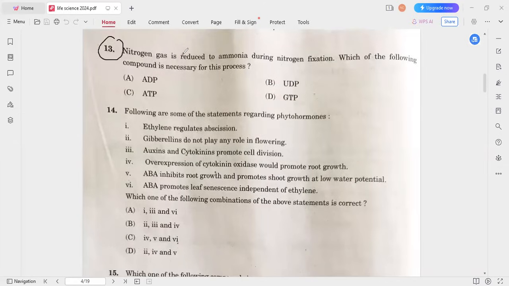Nitrogen gas is reduced to ammonia during nitrogen fixation. Which of the following compounds is necessary for this process?